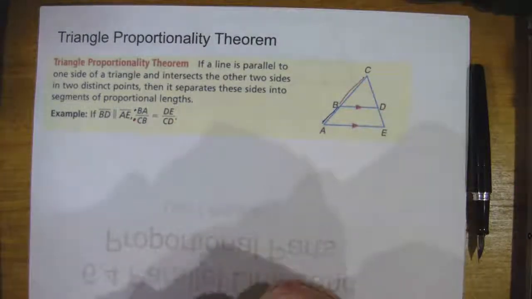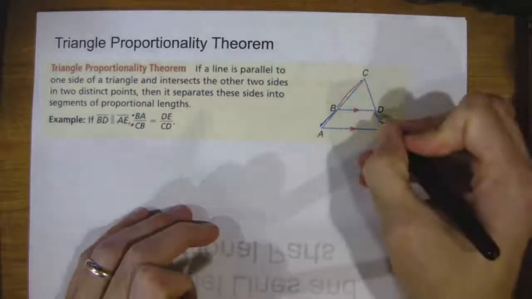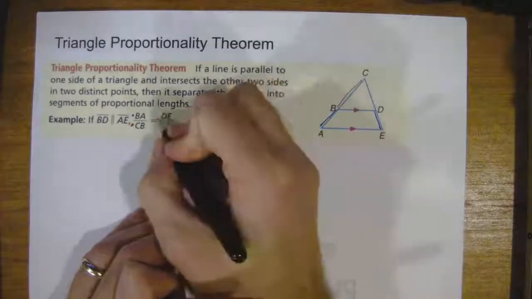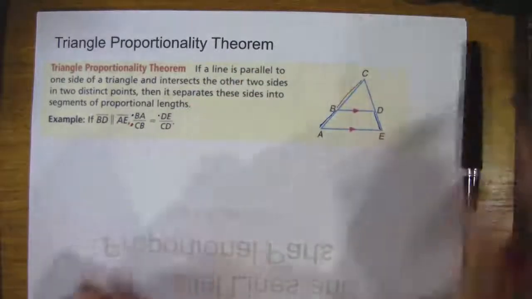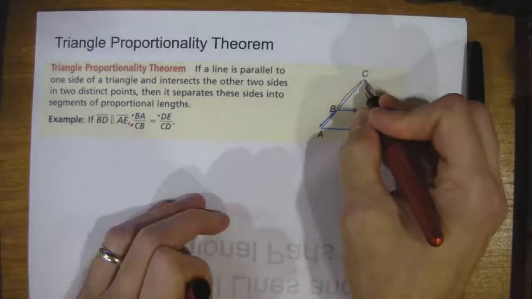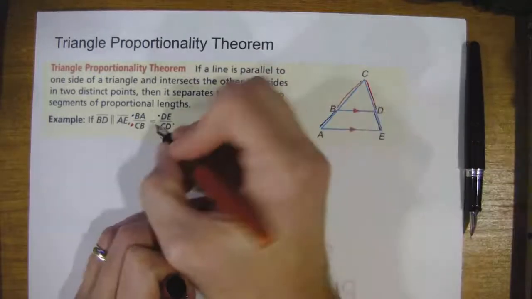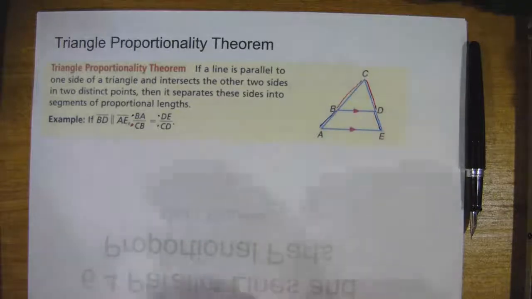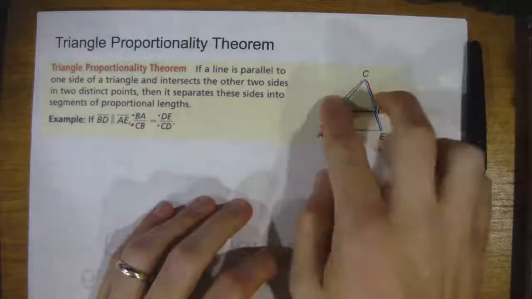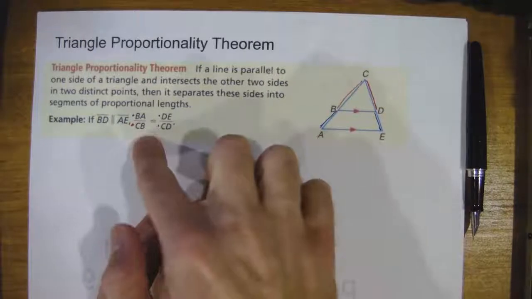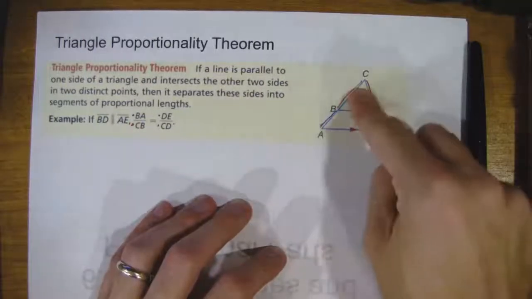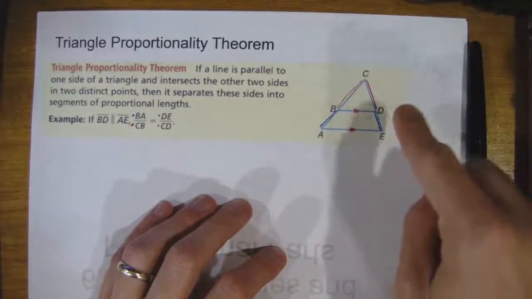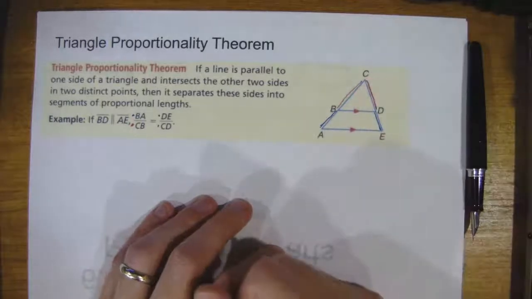We've got DE on the other side, so this shorter segment we'll put in blue, and then CD, we'll put in red. So what it does is it separates the sides of the triangle out into these little segments, and these segments form a proportion. So BA over CB is proportional to DE over CD.